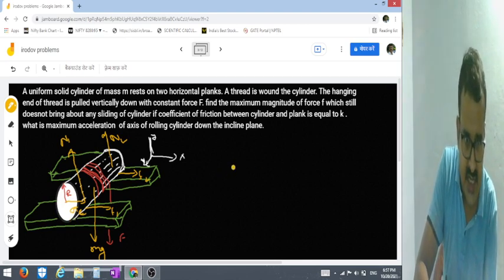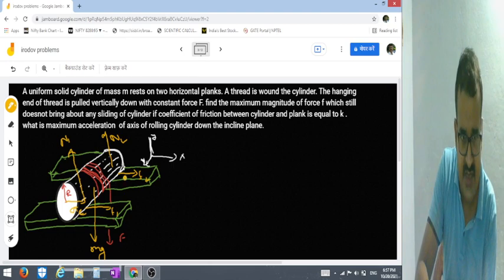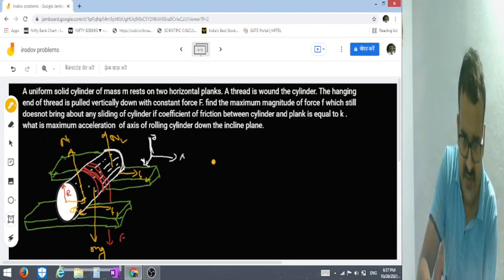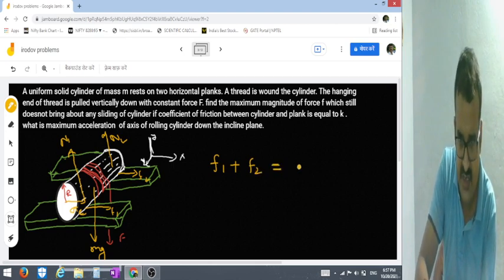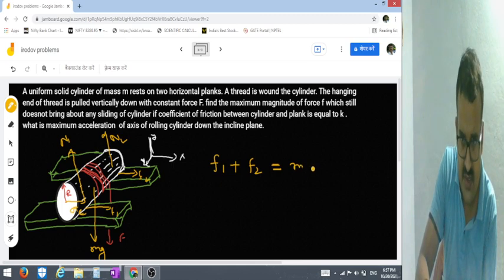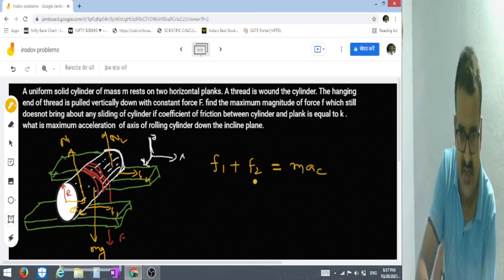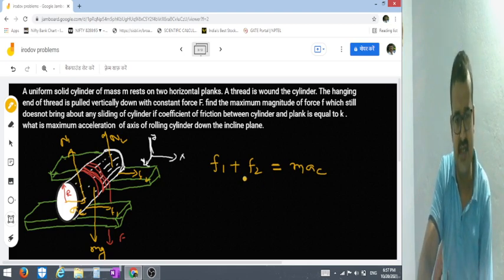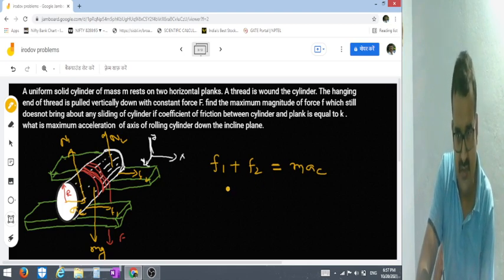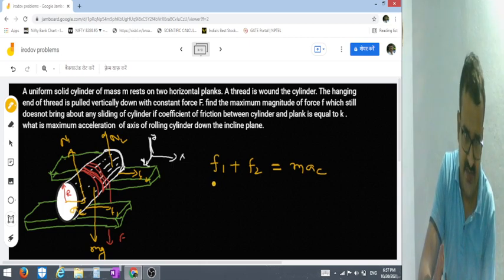You can observe very clearly, beta, that the forces in the x direction are equal to f1 plus f2. These two rolling frictional forces will be added, and this will give the mass times the acceleration of the axis of the cylinder.